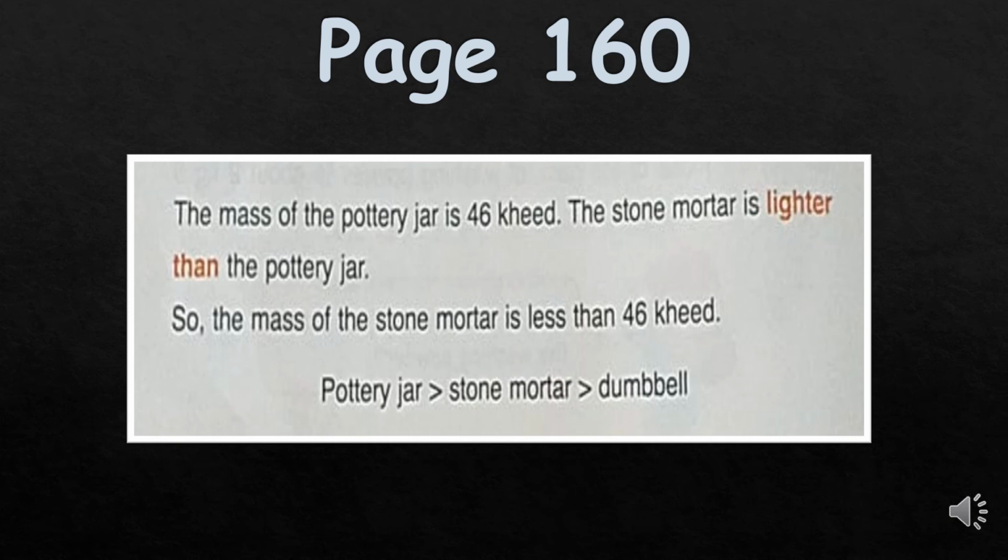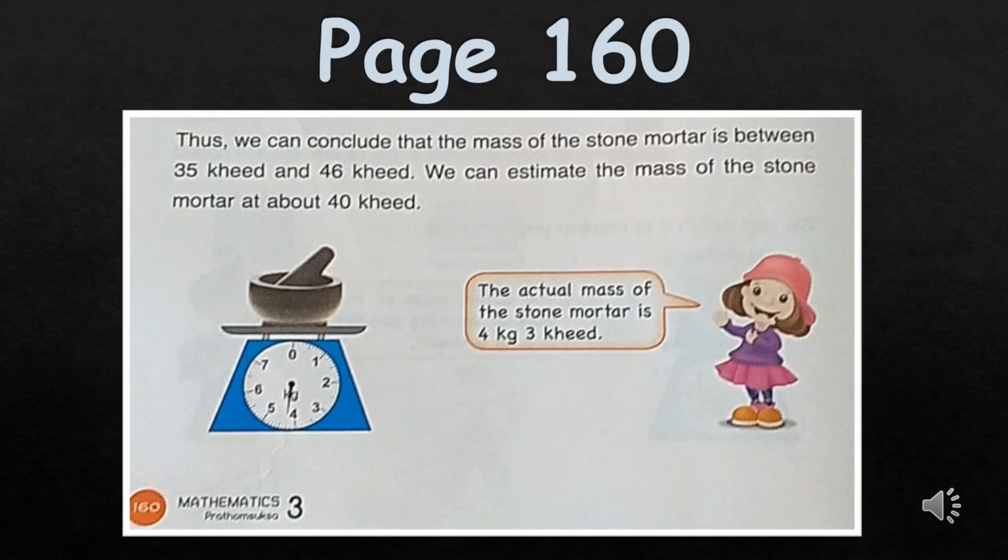So if you put them in order, the pottery jar is the heaviest, and then the stone mortar, and then the dumbbell. Thus, we can conclude that the mass of the stone mortar is between 35 keys and 46 keys. So I estimated that the mortar was about 40 keys.